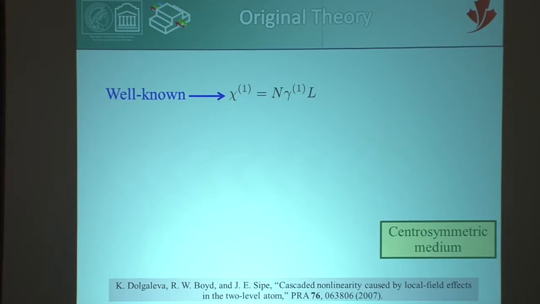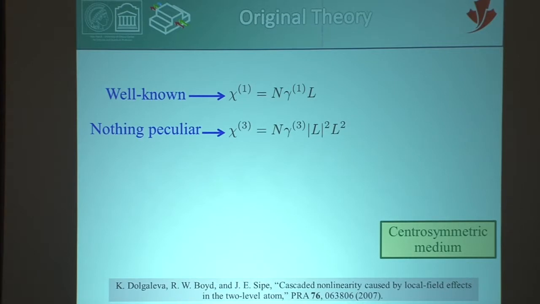For Chi1, there is nothing peculiar about it, because it is proportional to the atomic density and linear polarizability of the medium multiplied by the local field correction factor. Many people know it. There is nothing peculiar about Chi3 being the lowest order nonlinearity in the centrosymmetric medium.